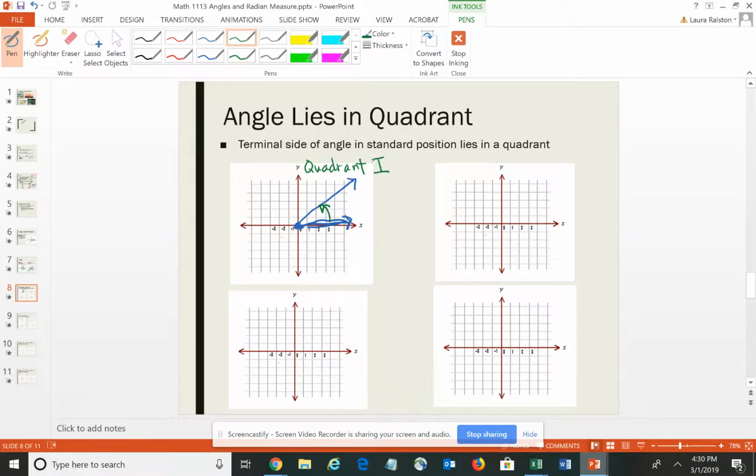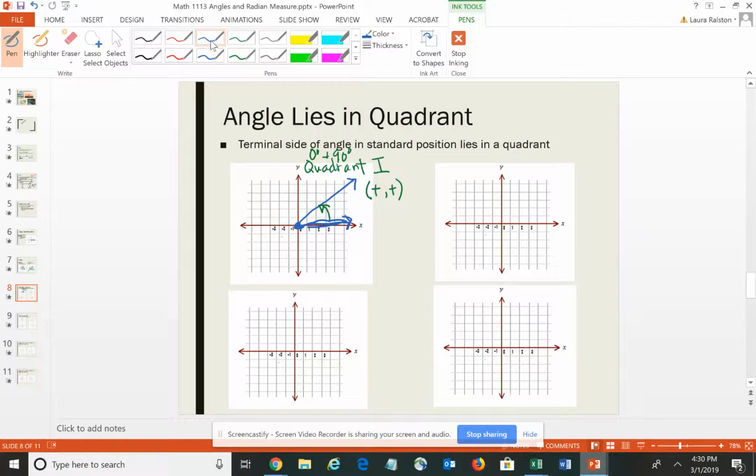Now, it'll be important later on that you're able to identify the quadrant in which the angle lies. And so remember a couple of things about quadrant 1. In quadrant 1, both your x value is positive and your y value is positive. In terms of angles, it's going to run from the positive x-axis to the positive y-axis. And so degree-wise, we could be between 0 and 90 degrees.